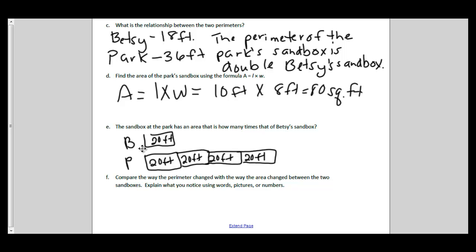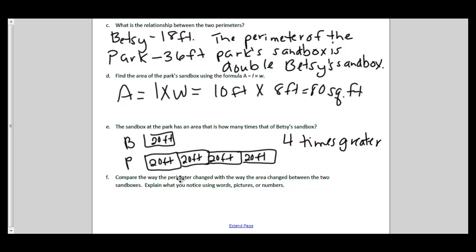So if I counted by 20s, 20, 40, 60, 80. So that's 4 20s. So that means that the area of the sandbox at the park is 4 times greater than Betsy's sandbox. So let's think about this for a minute.